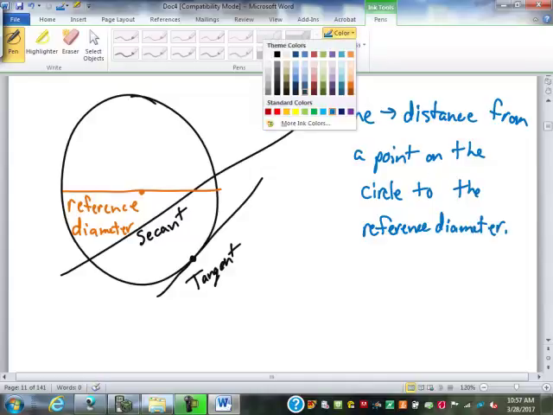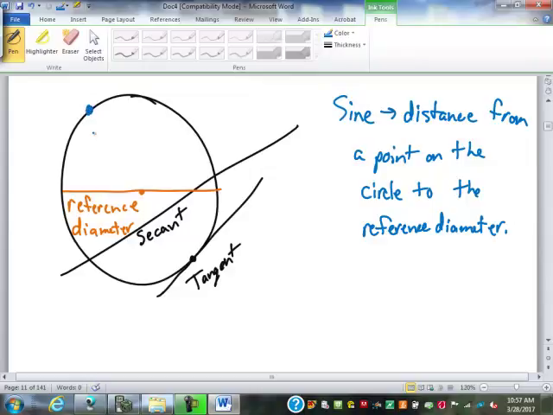So what does that mean? Well, for this point right here, I measure its distance to the reference diameter. That distance is its sine. Now remember, distance is always measured on a perpendicular. So that's at a right angle there.